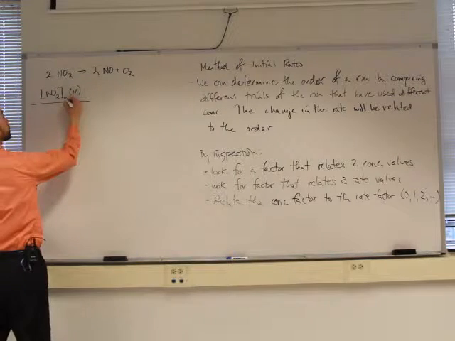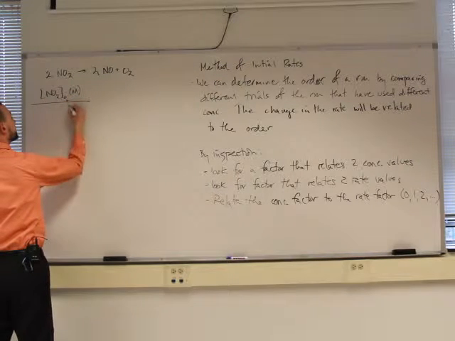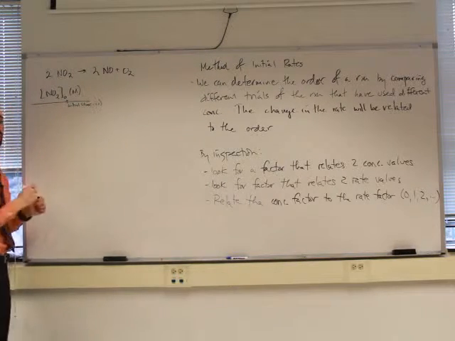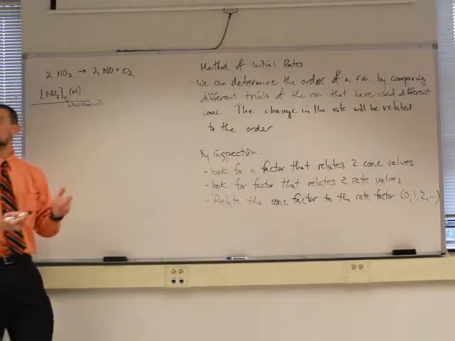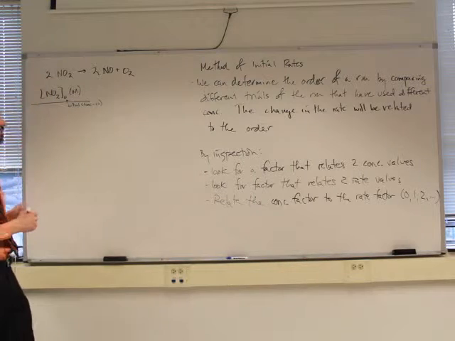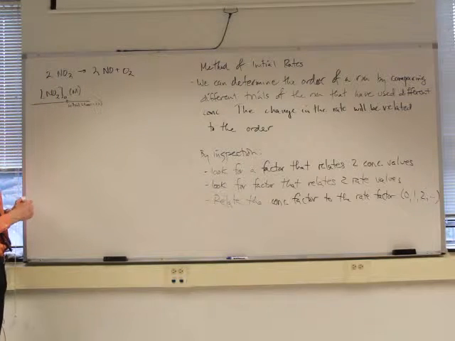A little subscript of 0 means that you're dealing with time being 0, or the starting or initial concentration. It's different from the little superscript of 0 that we've seen, meaning standard.